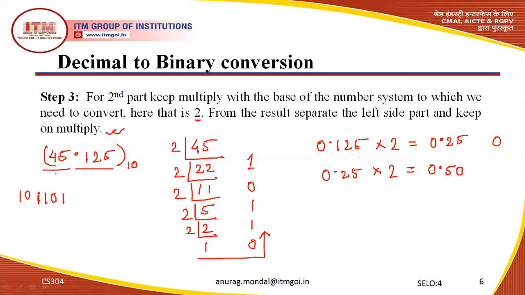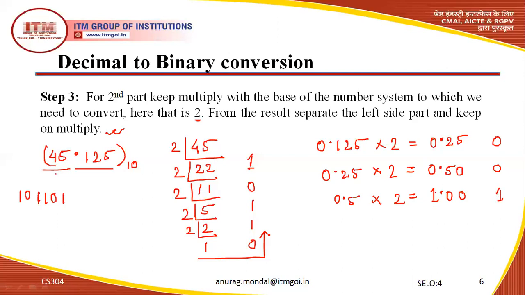What we have in the left side? 0. Now again we have to multiply 0.5 into 2, that is 1.00. What is at the left side of the decimal point? 1.